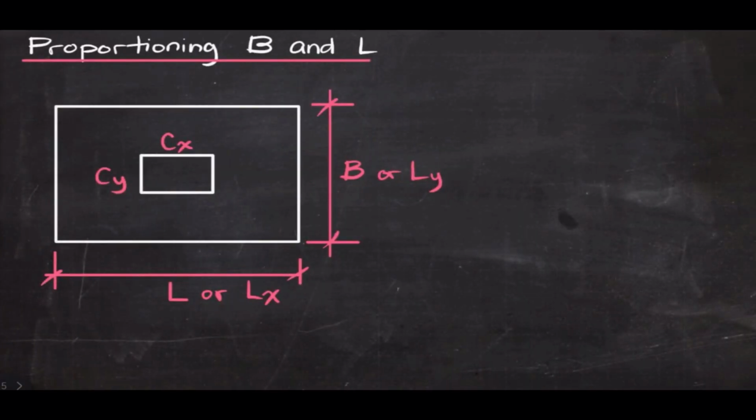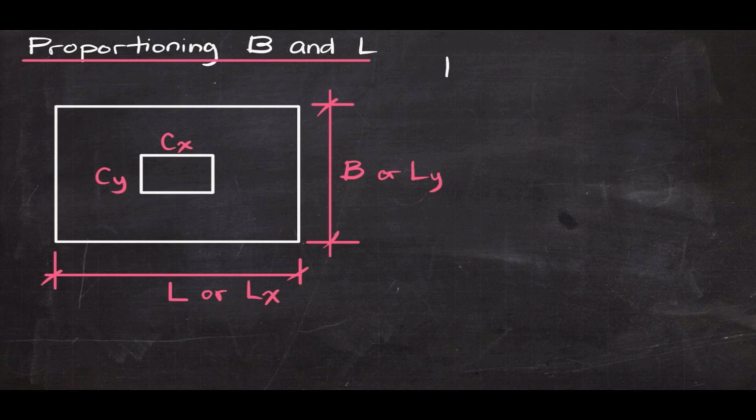Next, how do we proportion B and L, or the width and the length? Especially if the column is not a square column. Now, for square columns, we simply get the square root of the footing area, since a square column necessitates a square footing. But what I'm recommending is you proportion the footing such that the cantilevered parts must be equal.